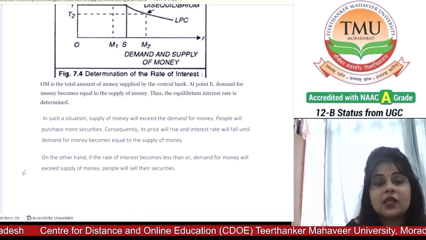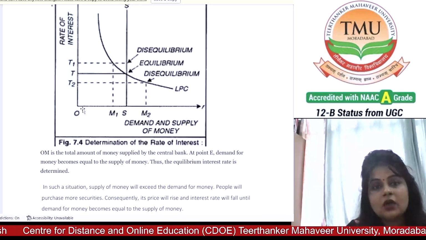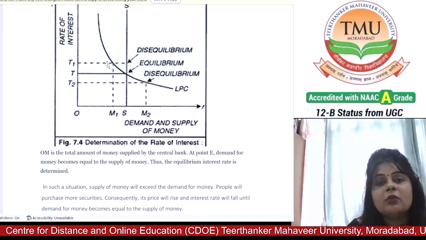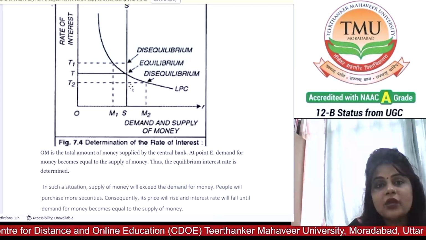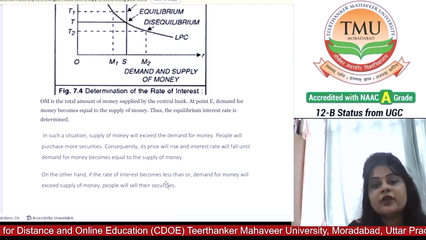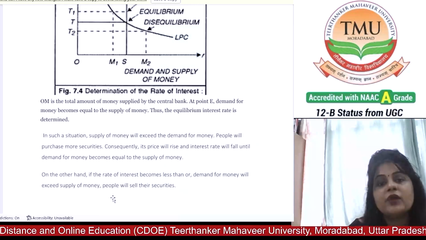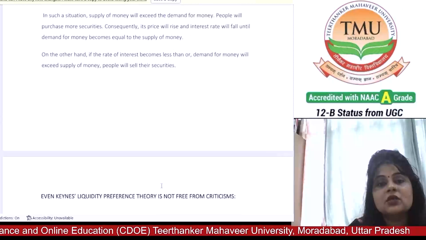On the other hand, if the rate of interest increases, the demand for money will decrease, and when the rate of interest decreases, the demand for money will increase. So, if the rate of interest becomes less, the demand for money will exceed the supply of money, and people will sell their securities.